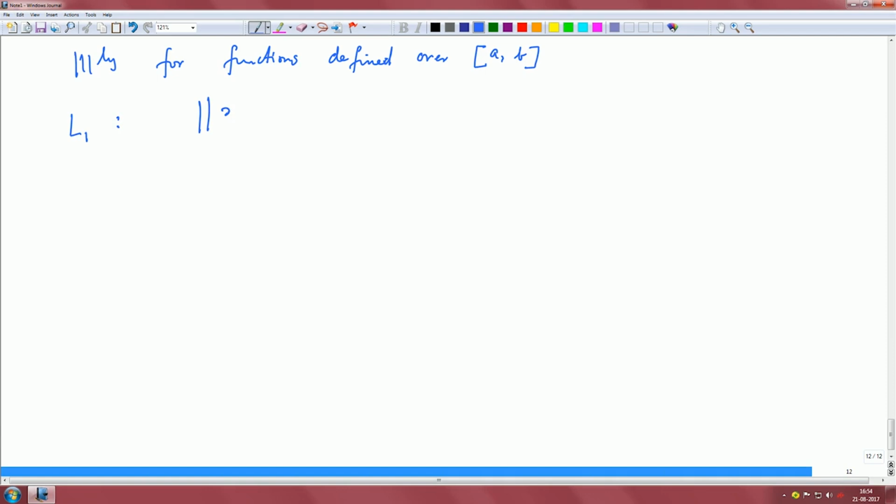L1 is basically take the modulus of x of t, integrate it from a to b, and that is your L1 norm for this function. And I am sure now you can recall when you learnt your Fourier conditions, absolute summability, etc. This is the definition, and here you see this in this sense.